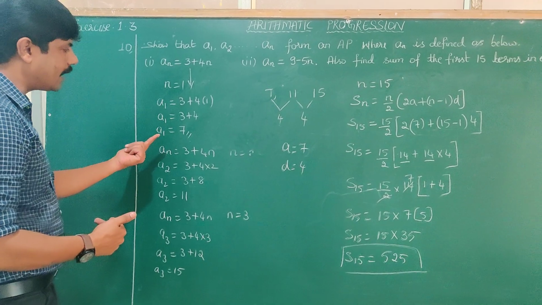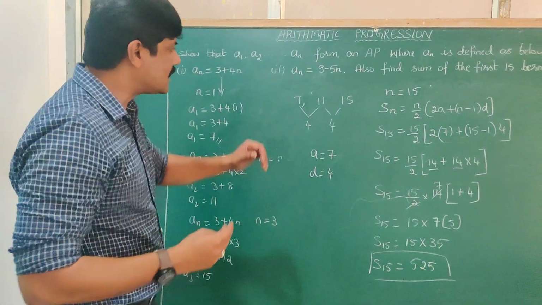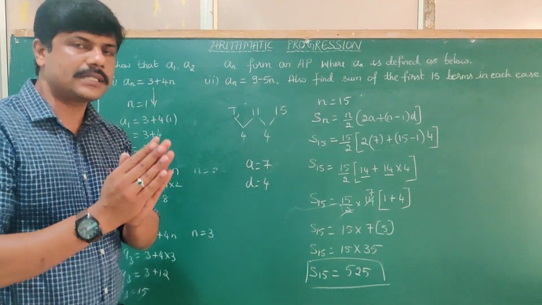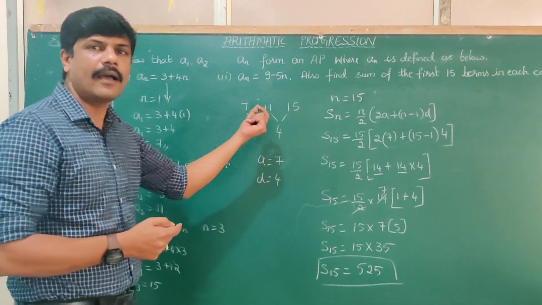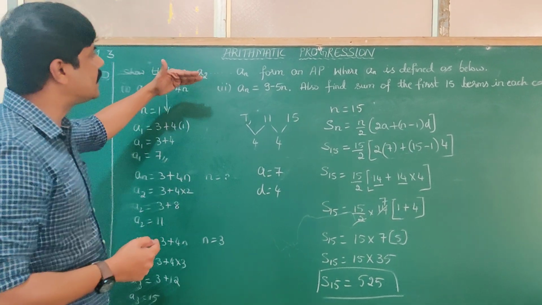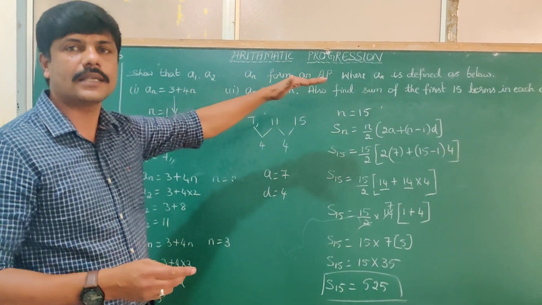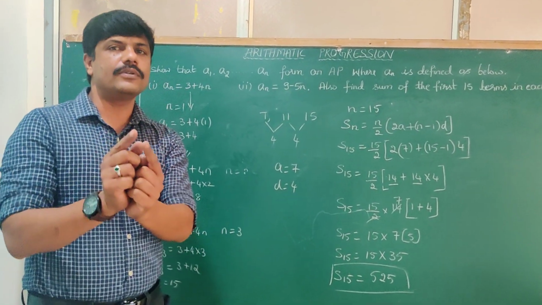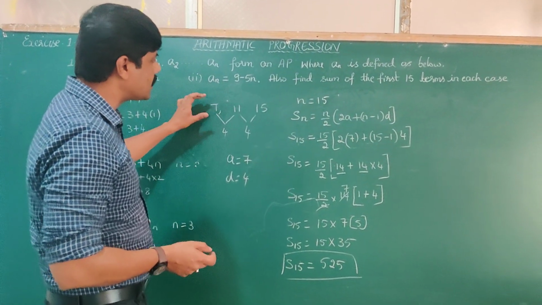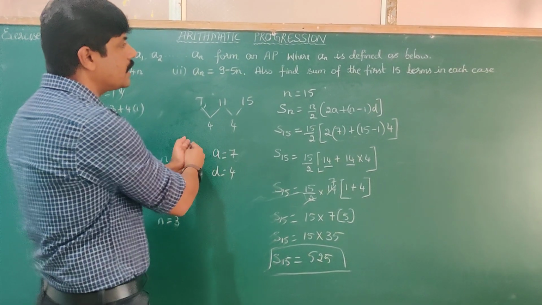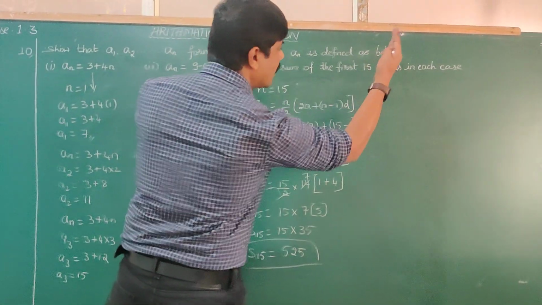After we got the set of numbers, we checked whether they have a common difference or not. Once we found the common difference, we said that it is an arithmetic progression, because for an arithmetic progression, consecutive numbers should have a common difference. Now we came to know it is an arithmetic progression.